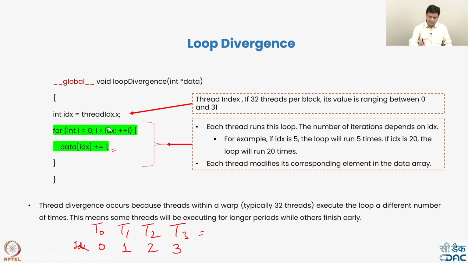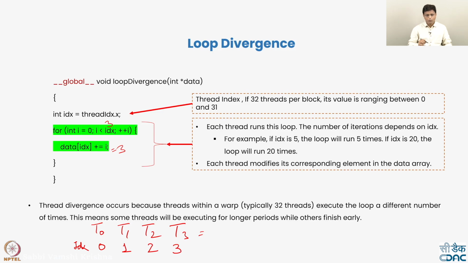Similarly, for thread 2, the IDX value is 2 and this thread is going to execute this statement 2 times. Now, similarly check for thread 3. The IDX value is 3, the loop starts from 0 and goes up to 3, and this statement is going to execute 3 times.